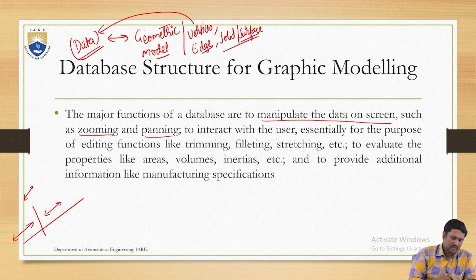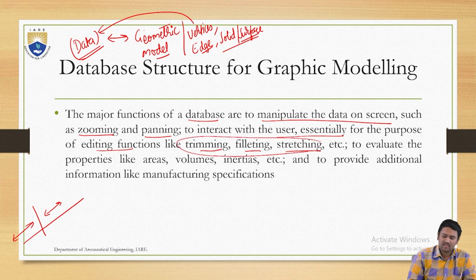Whatever database is generated is stored and referred to with respect to the primary database, essentially for editing functions like trimming, fillet as well as stretching. These are a few operations that you will be doing on your geometry in order to get your final model out.